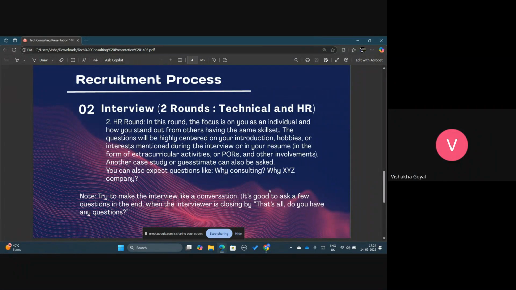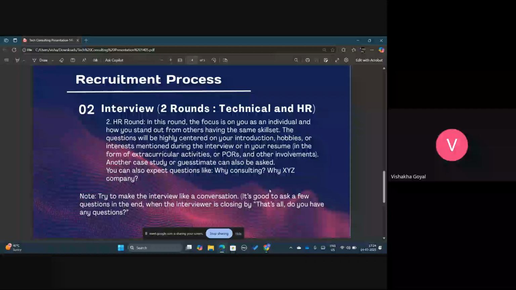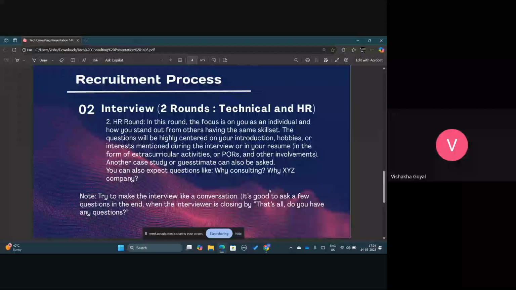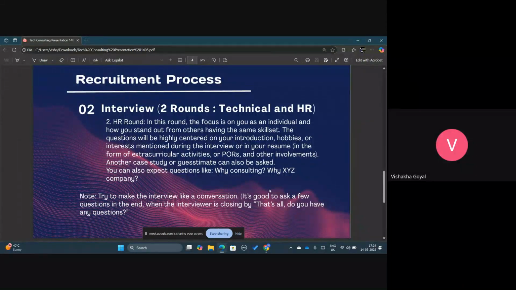Whatever you say in your introduction, they will pick out everything from that and cross question you. And in your resume as well, what sort of extracurricular activities or PORs you have, or other involvements that weren't discussed in the previous round, there's a high chance that they are discussed here.